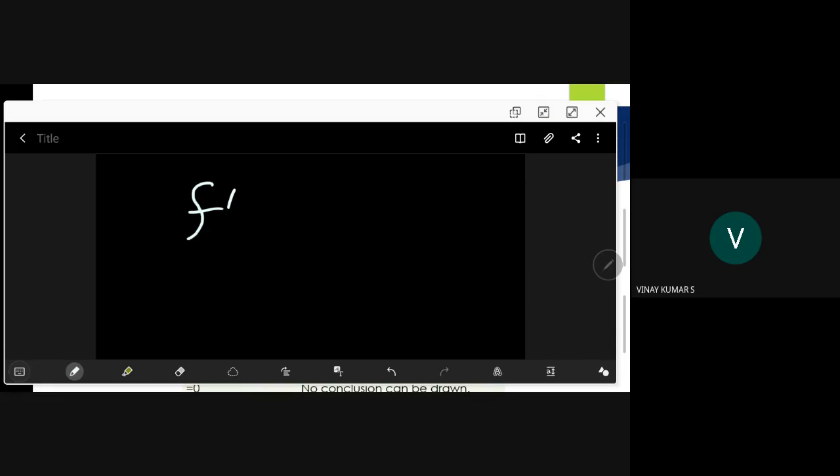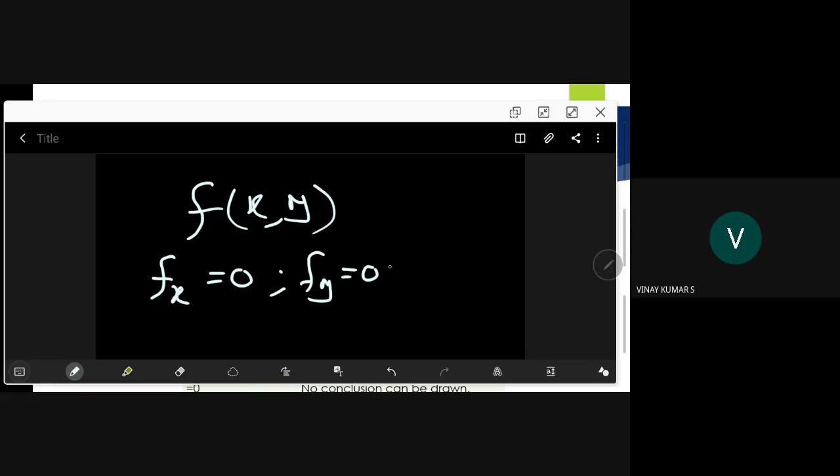So given a function of two variables, now the first step is that, so this is a real valued function. So the first step is you compute fx, dou f by dou x, make it equal to 0, fy, make it equal to 0, and solve for x and y.